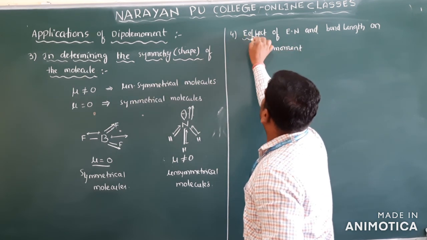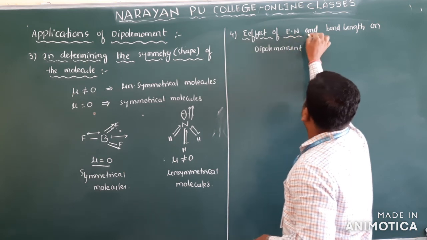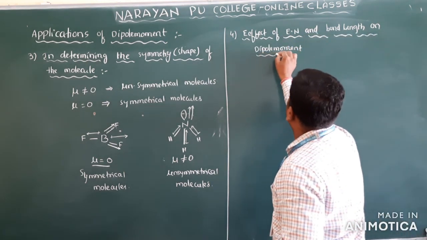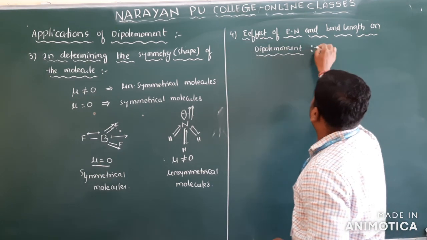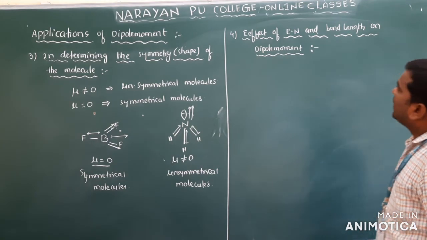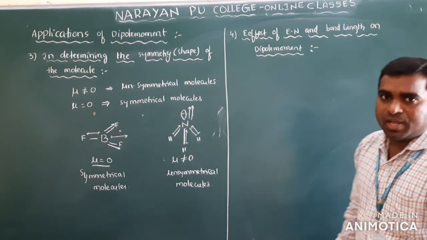Remember, this is a very important question, and all these applications are very important because in competitive exams definitely one question will come from this area. So, effect of electronegativity and bond length on dipole moment.